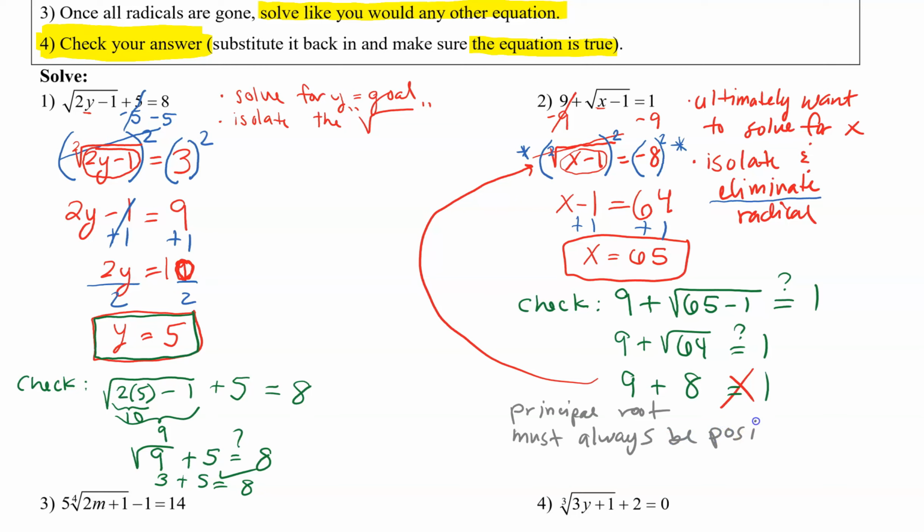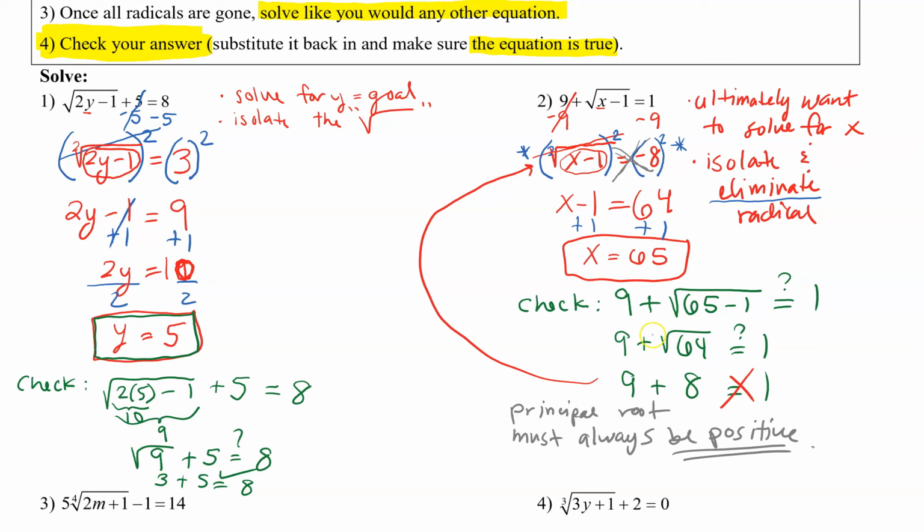When you're taking even roots of something, it must always equal a positive. It's not supposed to equal a negative. Right here was where things went wrong. And that's why later, when I plug it back in, I get positive 8, because I'm taking the square root of 64, which is the principal root, positive 8, and 9 plus 8 does not equal 1.